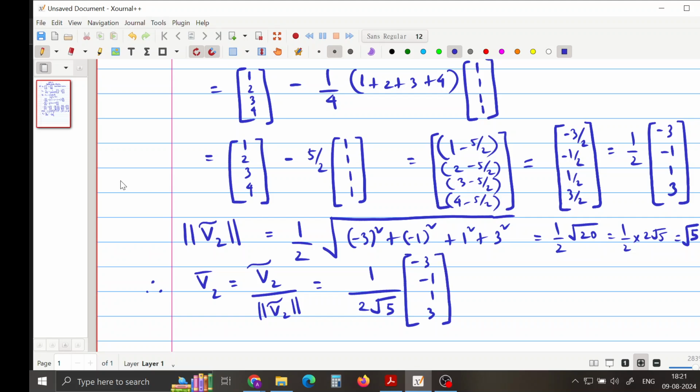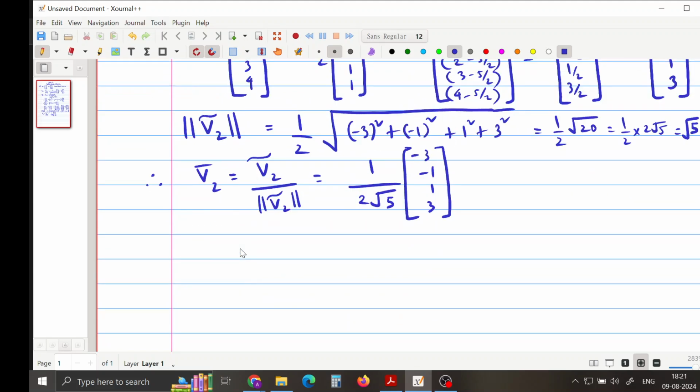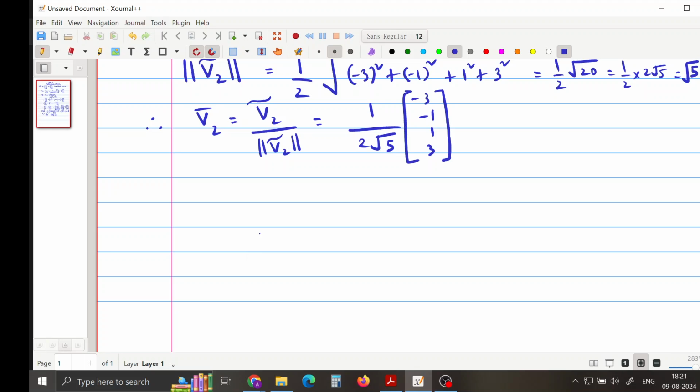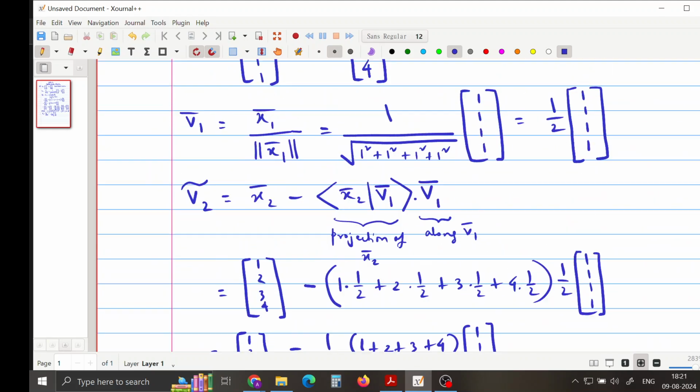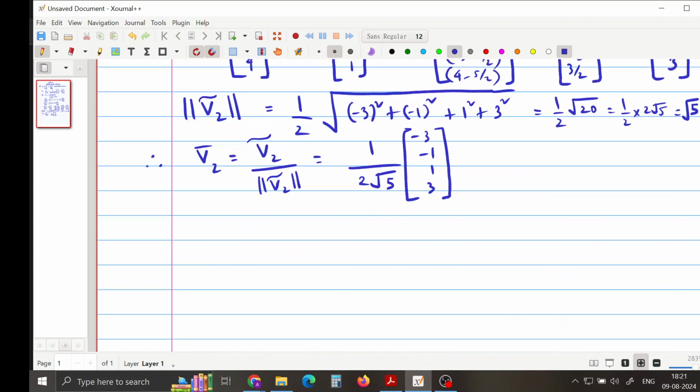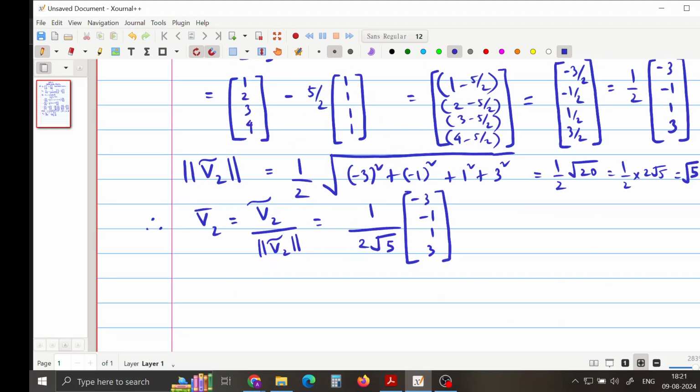So what were the vectors that we got? v1 was half times 1, 1, 1, 1, and v2 is 1 by 2 root 5 times minus 3, minus 1, 1, 3.